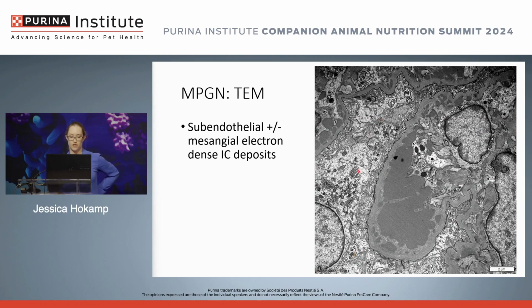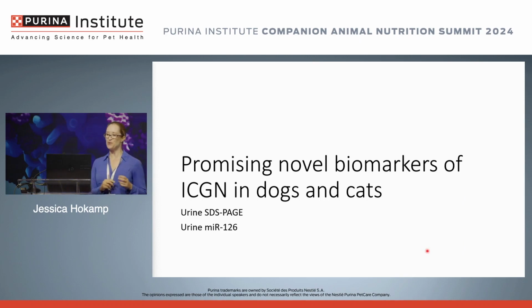So now we have moved: here's the podocyte side, or our podocyte foot processes, our basement membrane, and then this side is the capillary loop endothelial side. So here are our immune complexes that are deposited on the luminal side or the subendothelial side of the glomerular capillary loop.